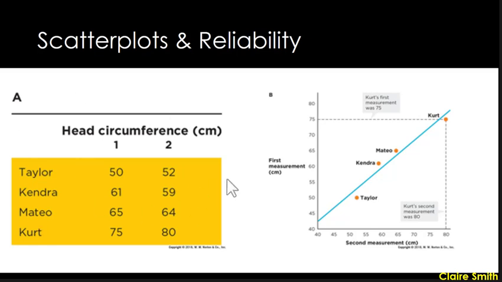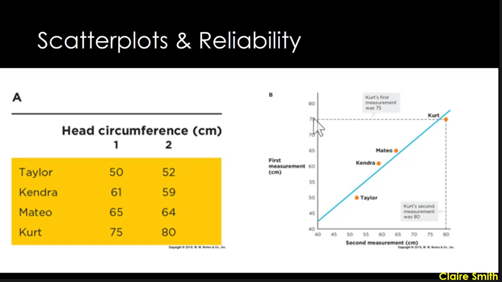Okay, so for this example, whoever is doing the measurements did a test retest. So in this case, they measured once and then measured again. Okay, so you can see for Taylor, the first time they got a 50 centimeter, second time they got 52. Kendra, 61, 59, etc. Okay, so if there's good retest reliability here, you want the points on this graph to follow the slope of the line very well, right?